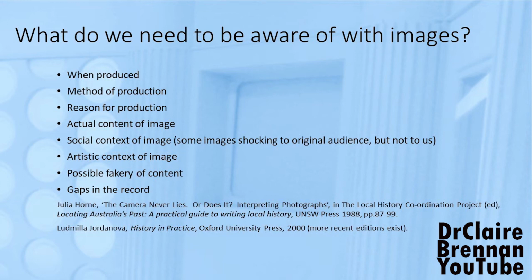I've already made the point that images are texts, and as texts need to be treated with caution. Artists are generally looking to make something that's pleasing to the eye or that is going to please their customer or patron. Artists as well are not necessarily always strictly truthful.